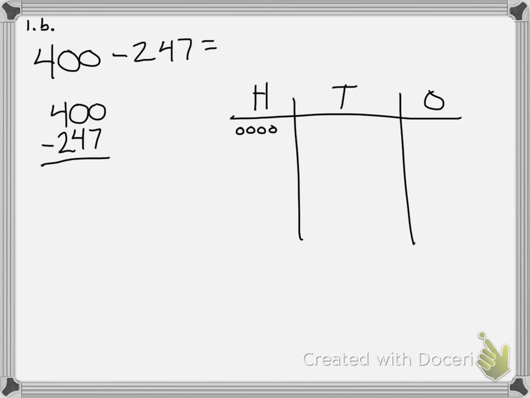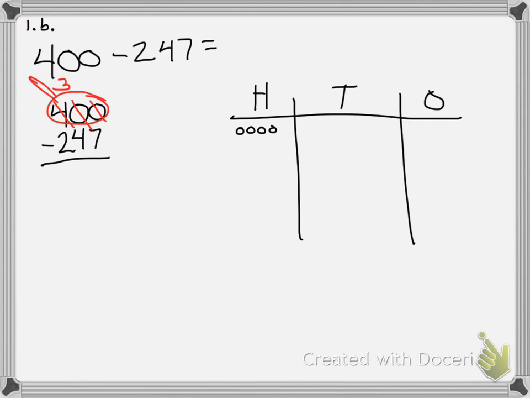So obviously, if we take a look at this, our little magnifying glass, we can't take 7 away from 0 because there's nothing there. And you can kind of confirm that when you look over at our place value chart. So I'm going to go ahead and do a little bit of borrowing and unbundling. So if I take that 100 apart, I'm going to end up with 3 here.